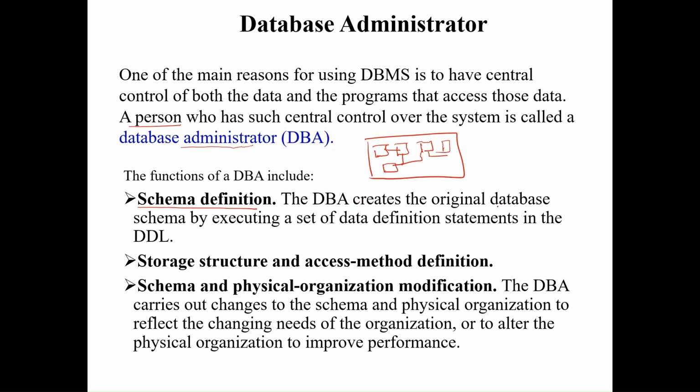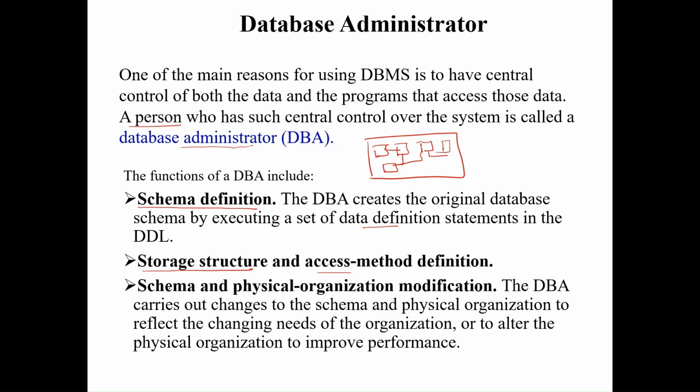So DBA creates the original database schema by executing a set of data definition statements like create table, alter table, drop table, etc. The storage structure and access method definition defines where the database will be stored, how the accessing of the data will be performed, what the execution methods are, and so on.